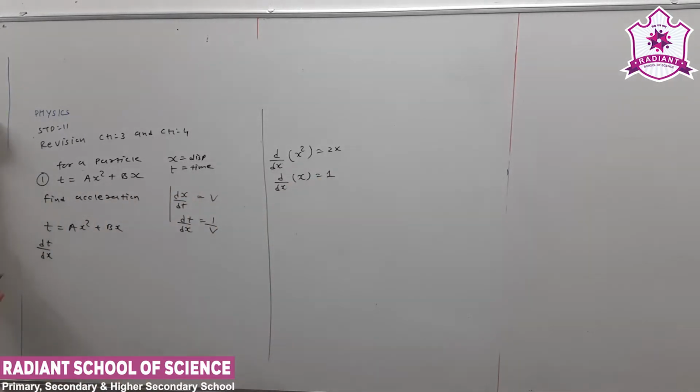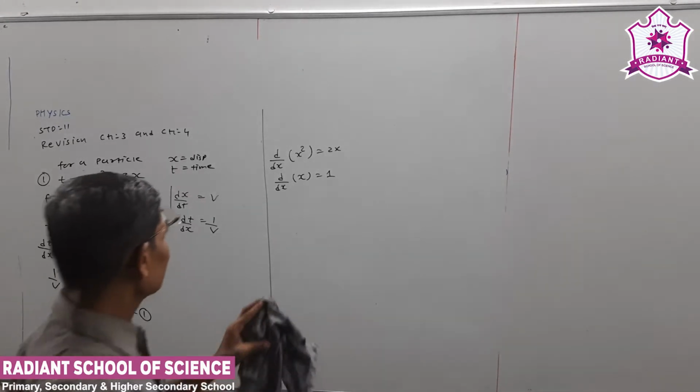So here it will be a into 2x plus b, whose derivative is 1. So dt by dx, which is 1 upon v, will be 2x plus b. Now this is the velocity we have obtained.